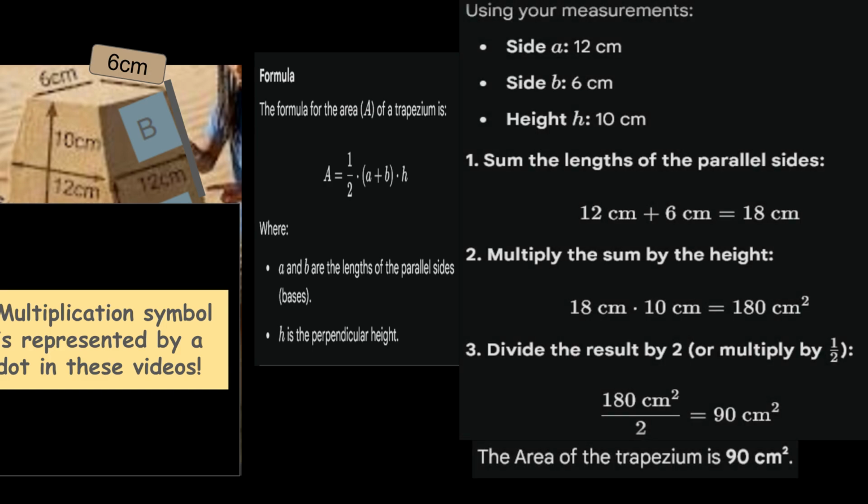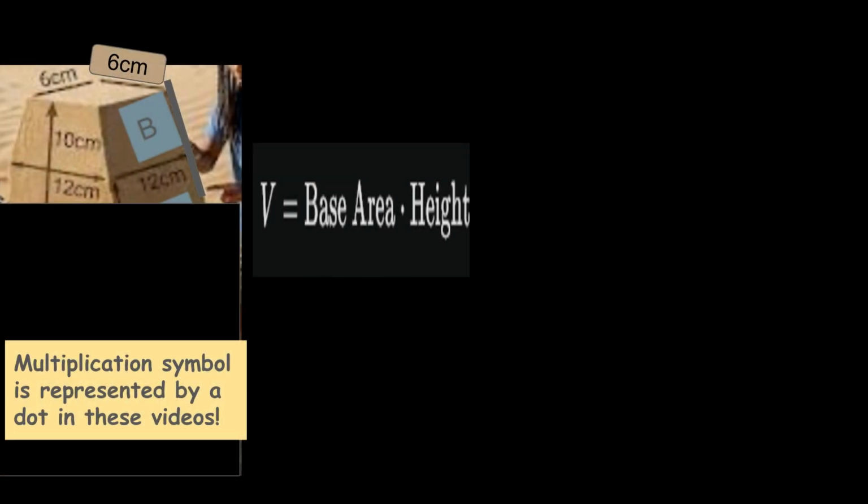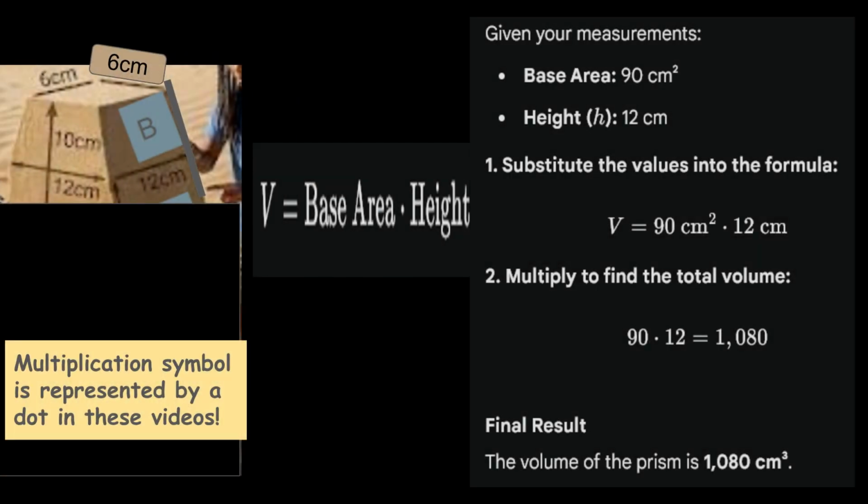For part B, the base area is 12 centimeters plus 6 centimeters times 10 centimeters, which equals 180. Half of 180 is 90 square centimeters. Volume of part B is 90 times 12 equals 1,080 cubic centimeters.